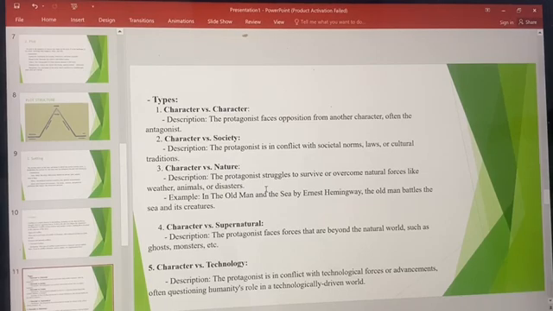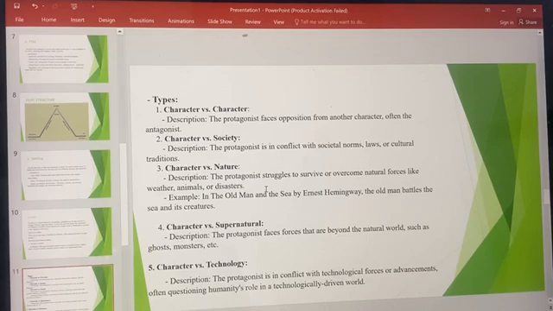We have character against nature. The protagonist here struggles to survive or overcome natural forces like weather, animals, or disaster. We have an example, The Old Man and the Sea by Ernest Hemingway.